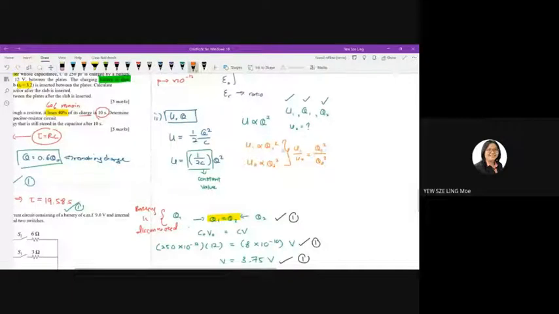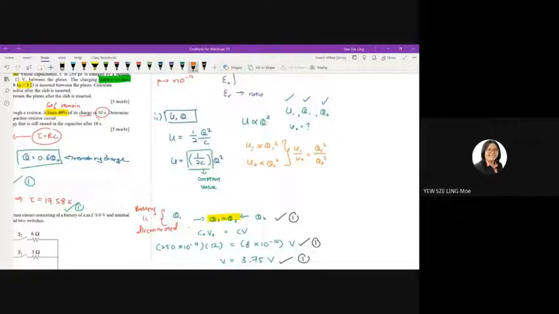Now, of course, you can use the equation U equals 1 over 2 Q squared over C to calculate everything first. Boleh juga, tak ada masalah. If you want to calculate the value of capacitance, then you apply it into the second equation, also can. Nothing's wrong. But this is the shortcut. This shortcut can be used in every single chapter.